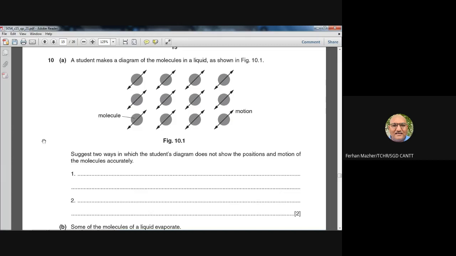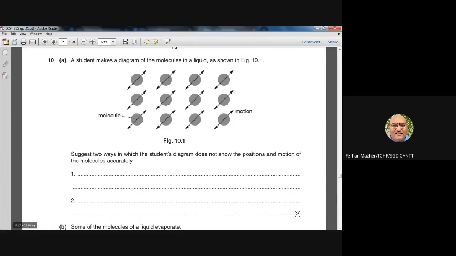In a liquid, the molecules are moving randomly, in all directions, and they have different velocities. So at least I have mentioned two arguments in which we can suggest that these are not a good representation of the liquid molecules.